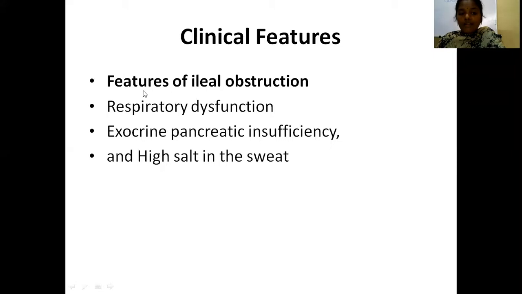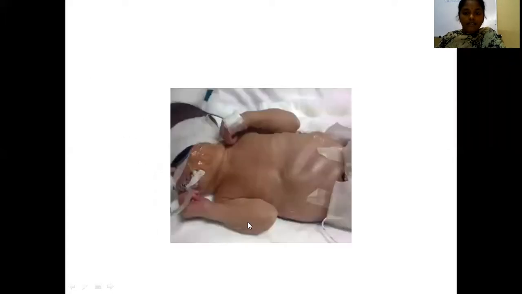Also, if associated with cystic fibrosis, there will be respiratory dysfunctions, that is abnormal ciliary clearance, recurrent respiratory infections, bronchiectasis, exocrine pancreatic insufficiency, and high salt in the sweat. This is the picture showing the neonate with meconium ileus, where you can see the distended stomach with visible bowel loops.